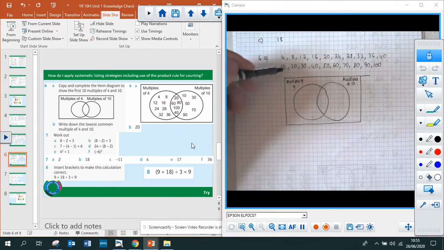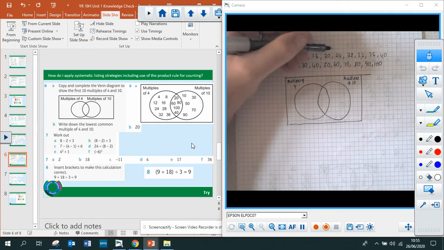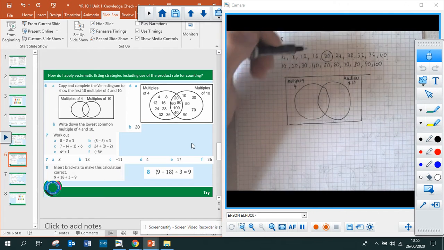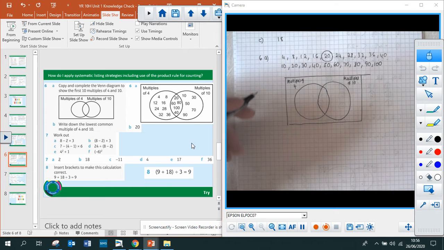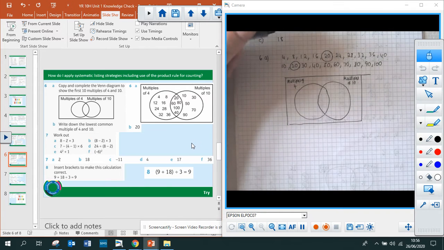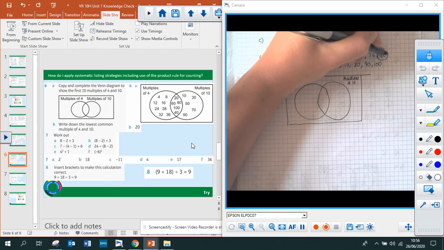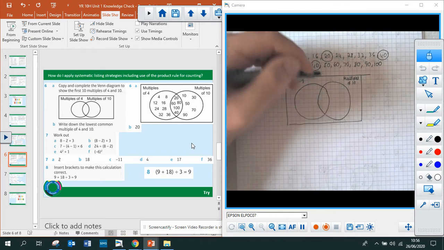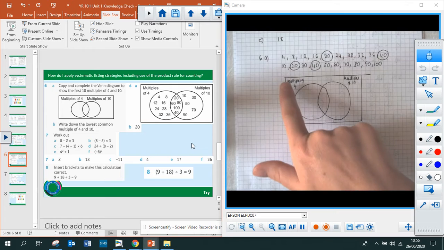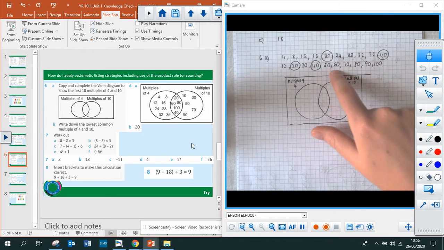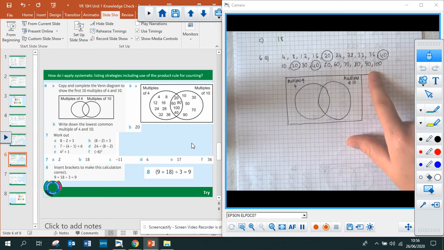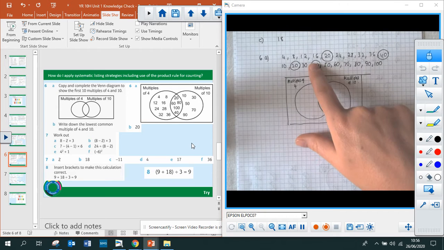I'm going to start by looking through my list and seeing which ones are common. I know none of those are. The first one in the 4 times table that's in the 10 times table is 20. And then the next one is 40, because we know they're ending in 0. Now, the 10 times table carries on much higher in value than the 4 times table did.